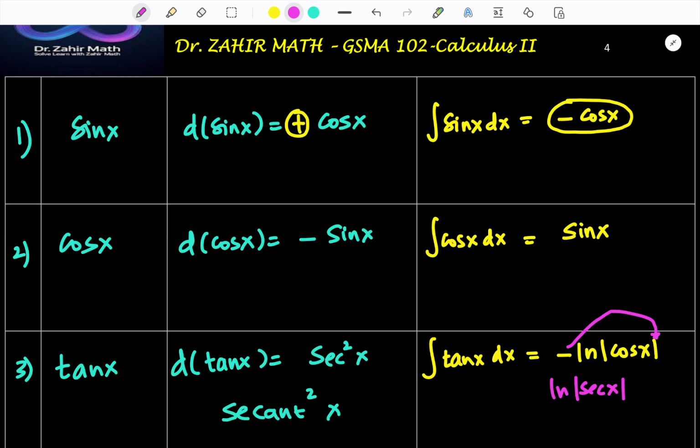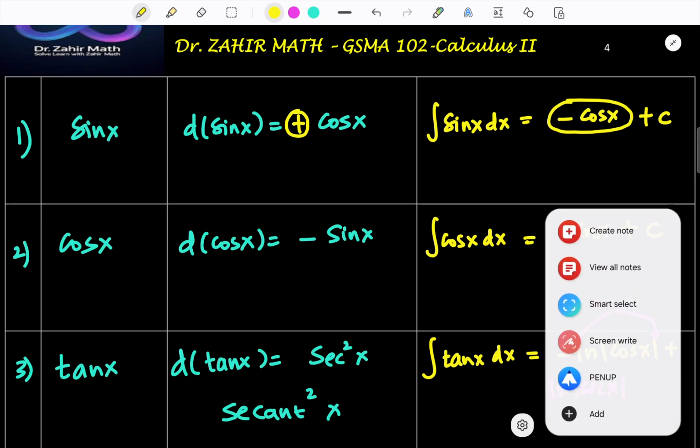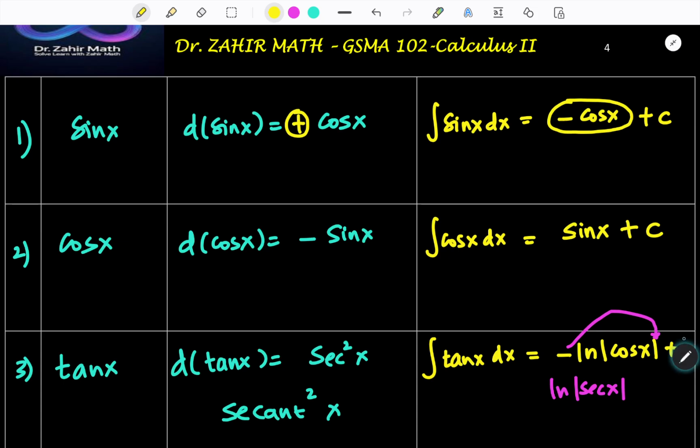So it's going to be the same. So you have to add plus integrating constant c. Any one formula, this or this. So the integral of sin x is negative cosine x, of cosine x is sin x, and of tan x is minus ln absolute value cosine x. Any one you can remember, no problem.